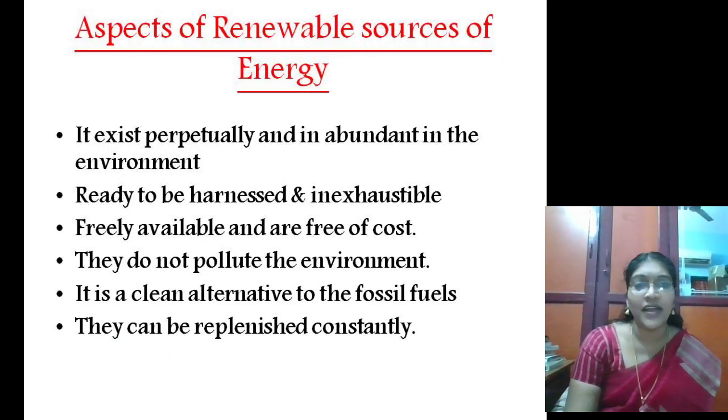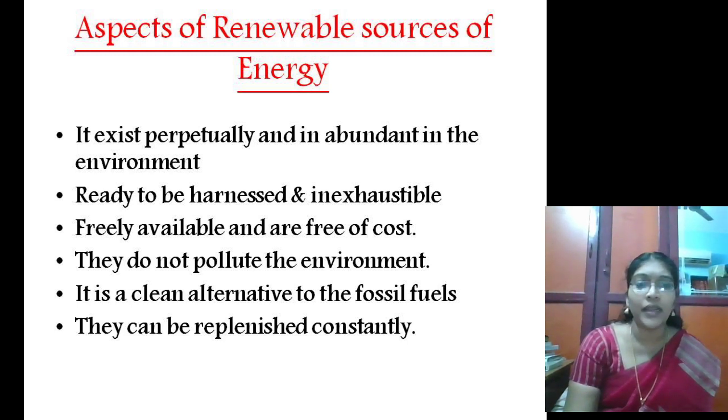Now we can see the aspects of renewable sources of energy. These renewable sources can exist perpetually and in abundance in the environment, and they are ready to be harnessed and inexhaustible. They are freely available and are free of cost. They do not pollute the environment, and they are a clean alternative to fossil fuels.